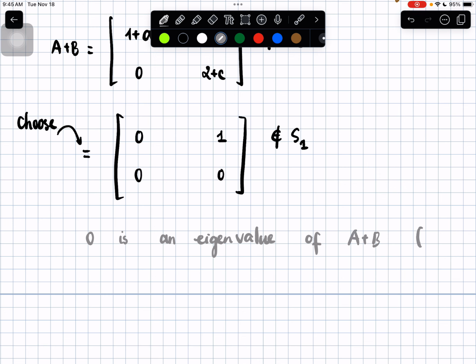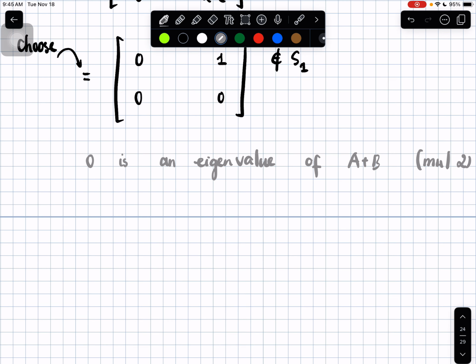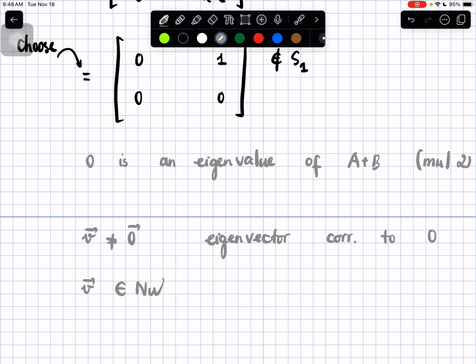Take this B. We know that the eigenvectors corresponding to 0, say V, have to be non-trivial. V has to be in the null space of that matrix, 0, 1, 0, 0.